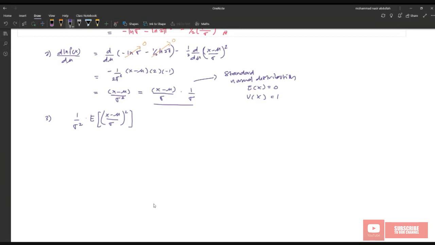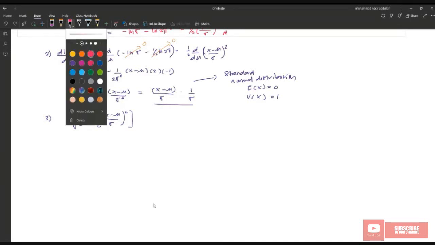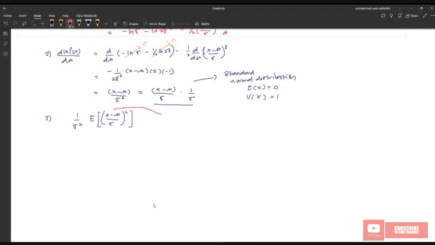Right. So from here, if you can notice, this is expected of x minus mu squared over sigma squared, right?